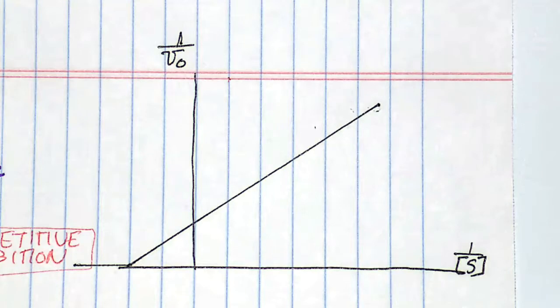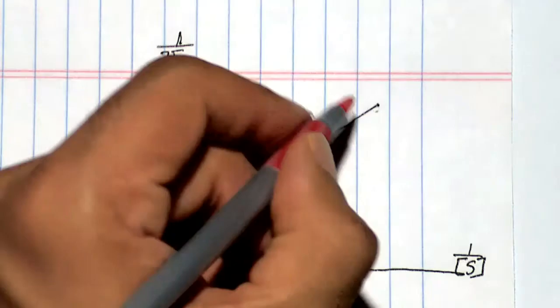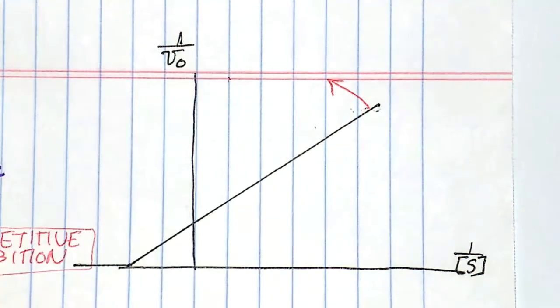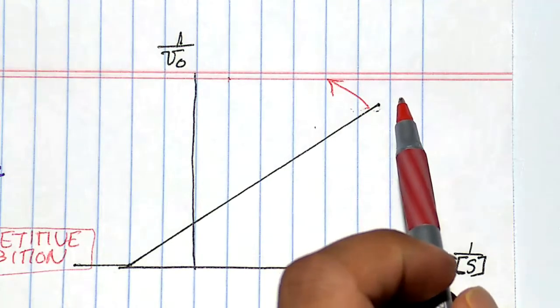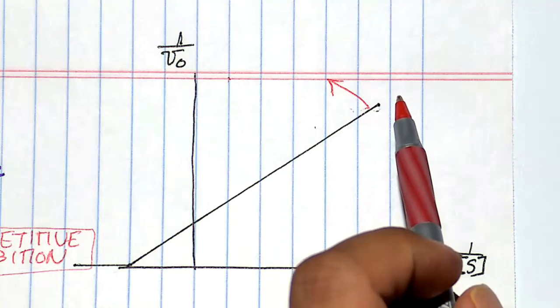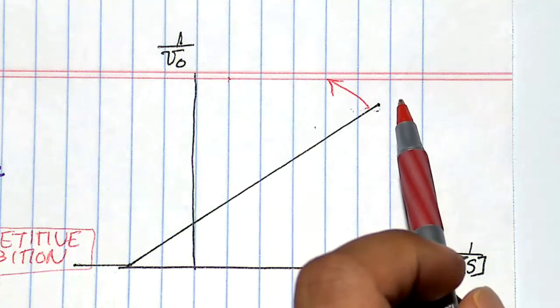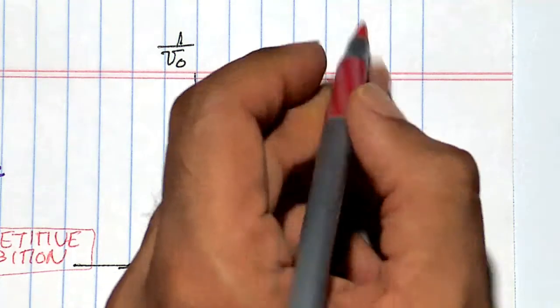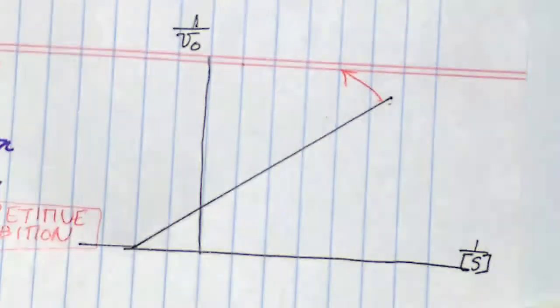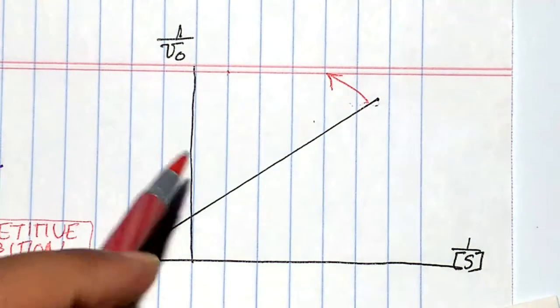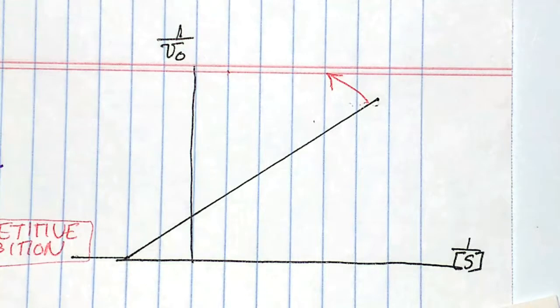So what happens in pure non-competitive inhibition? Now remember, in all types of inhibition, regardless if it's uncompetitive, competitive, or mixed, or a special type of mixed called non-competitive, the presence of I will shift this line counterclockwise.